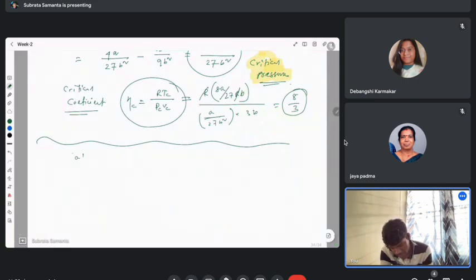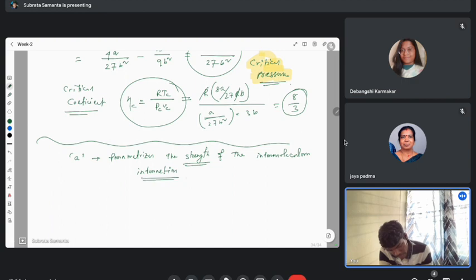The a constant is the parameter that represents the strength of the intermolecular interaction, and similarly the b constant accounts for the excluded volume. So therefore the dimension of b must be the dimension of volume.